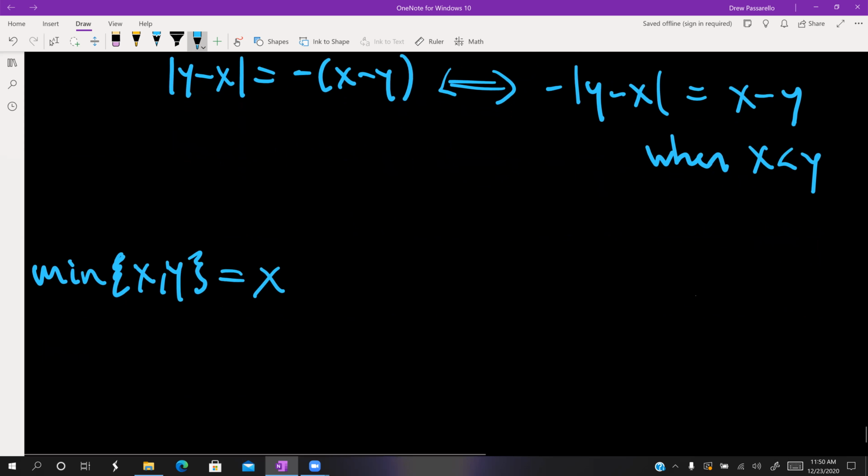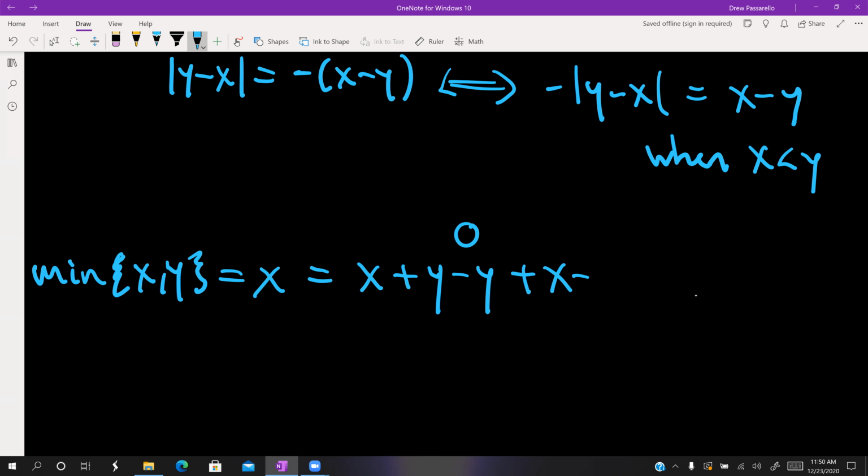And then I can do what I did before and add 0. So if I add 0 in the form of y, so that would be plus y minus y. So that's adding 0. And then I can add 0 again in the form of x. And now it's just a matter of rearranging this into the correct order and then using absolute value definitions.